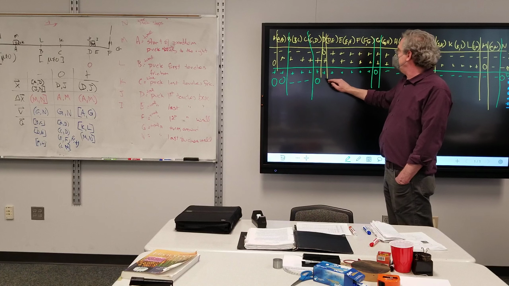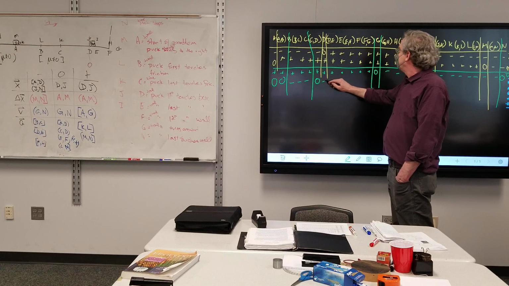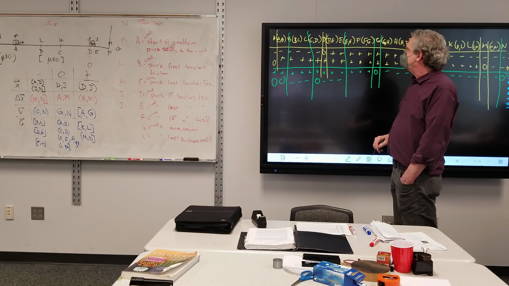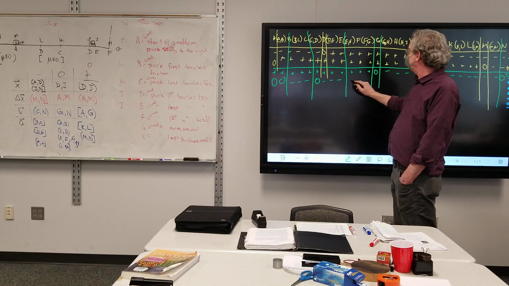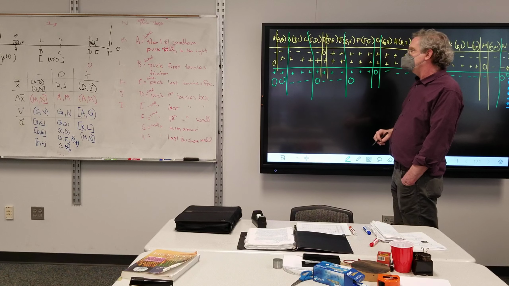D to E is negative. Man, I should have done a grid. All right, E to F is 0. F to H is negative.